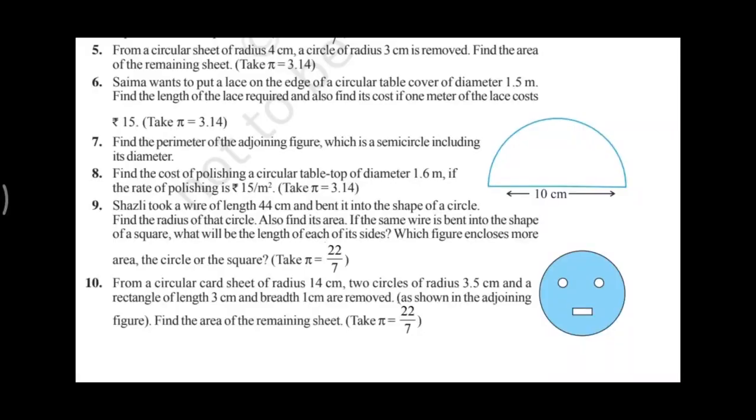Now this is question number 8. Find the cost of polishing a circular tabletop of diameter 1.6 meter if the rate of polishing it is rupees 15 per meter square. Now here we will find out the area of the circular top and then we will multiply it by the cost.